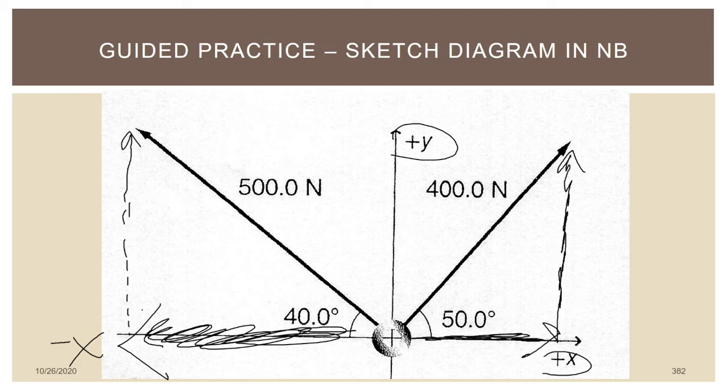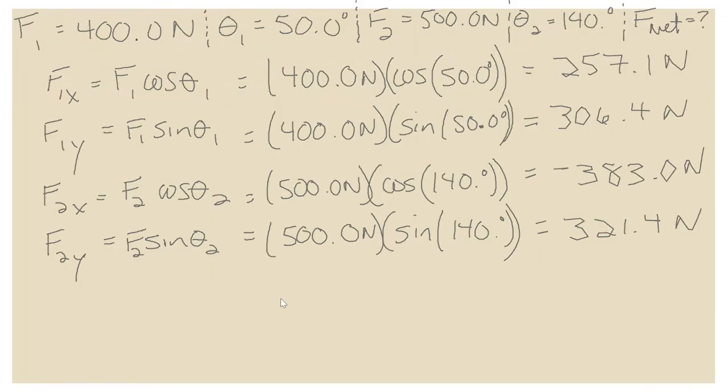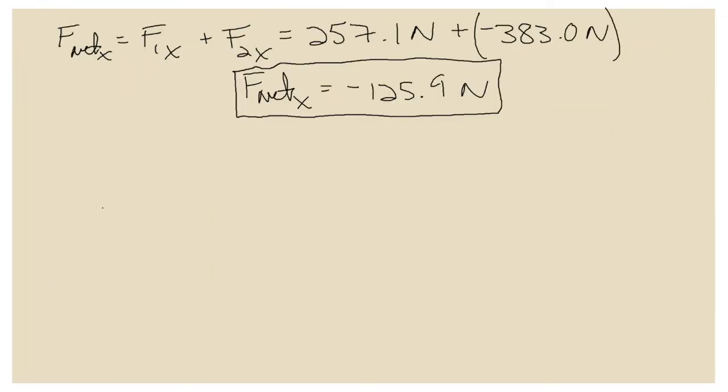Imagine in all these problems two people pulling on ropes, trying to pull an object. If somebody pulled 500 newtons this way and somebody pulled 400 newtons that way, we would expect the thing to go up, but also a little to the left, because the person pulling to the left is pulling harder than the person pulling to the right. So that's our F net x.